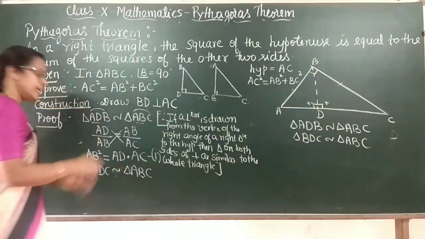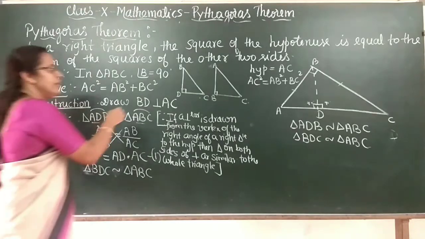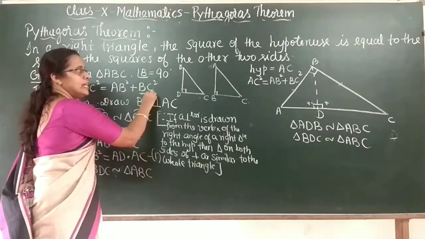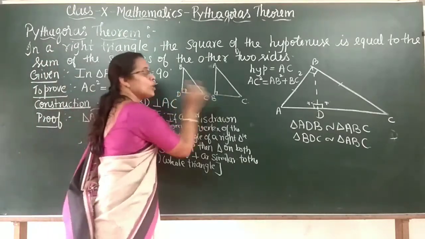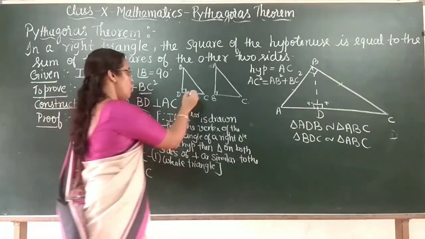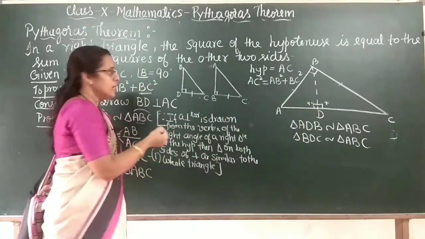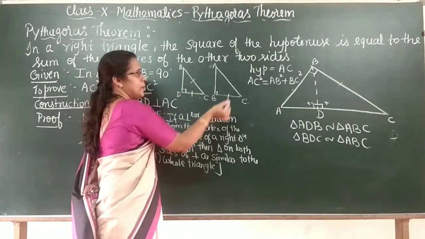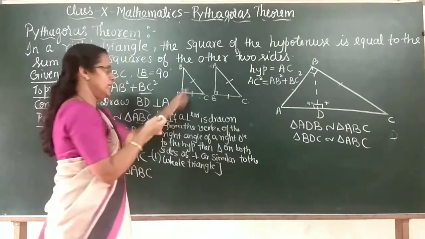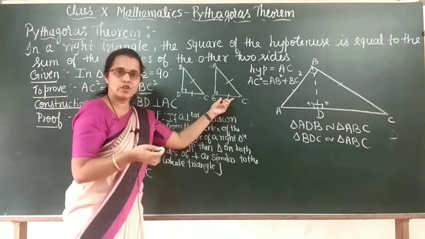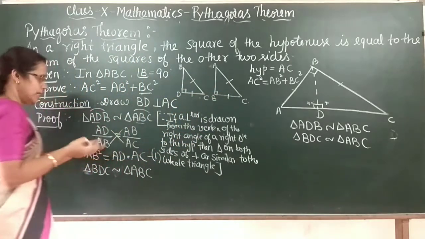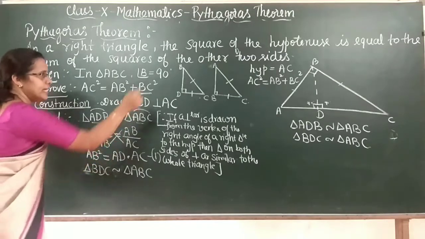Now compare which are the corresponding sides. We can take now BC square, children. So BC twice I want. Let us see how it comes. DC by BC is equal to BC by AC. Hypotenuse here, one of the sides of the triangle. Is it okay, children? So now see what you can write here.